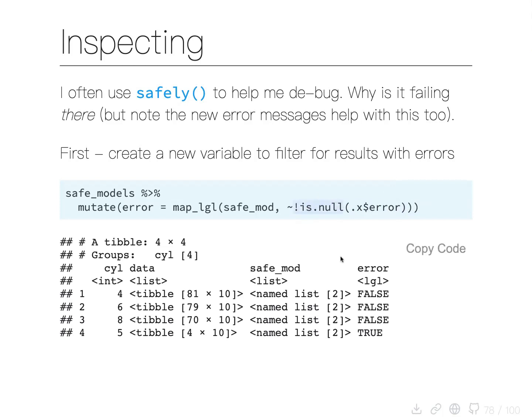So this is saying false, false, false, true. So the error message is not null here. In other words, there is an error message there. So I know now in the fifth one, I have an error message.